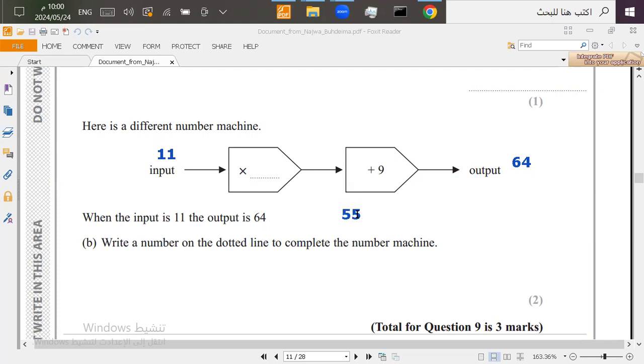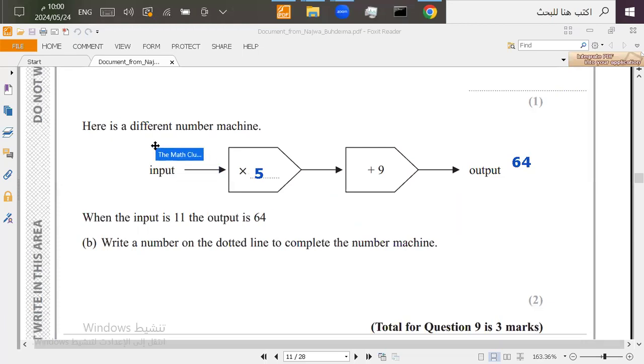Now 55, divide what? Because this is multiplying, I'm going to do the opposite. So divide what to get 11? Very good. It's divide 5. So here, we're going to put 5. It means the answer is 5.